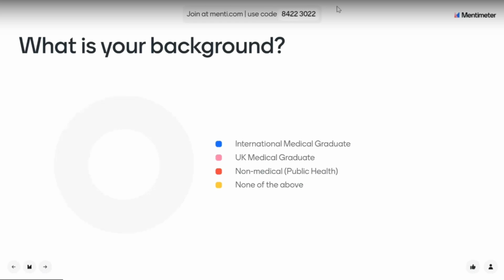Feedback, please. Yeah? No? Okay, if you have your phones, you can just go to menti.com. Look at the top of the screen. If you type menti.com in, you'll be able to put that code in and answer these questions, and we can see the spread of people who are participating in this talk today.